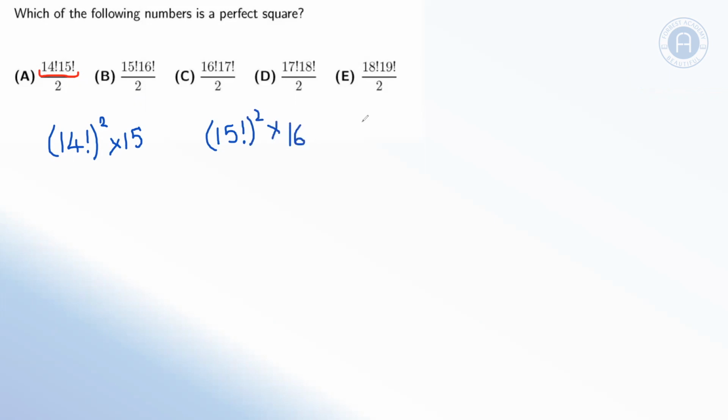For C, we can write it as 16 factorial squared multiplied by 17. And we use the same idea for D and for E: 17 factorial squared multiplied by 18, and then 18 factorial squared multiplied by 19.